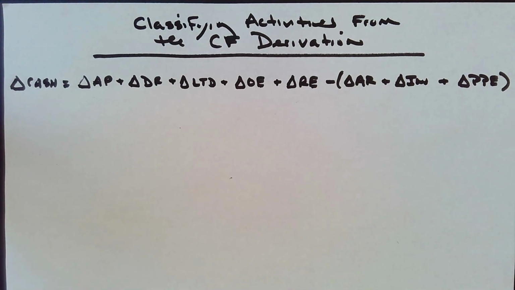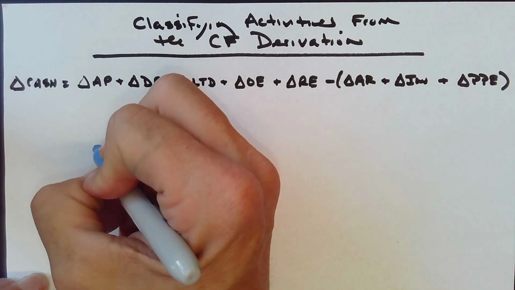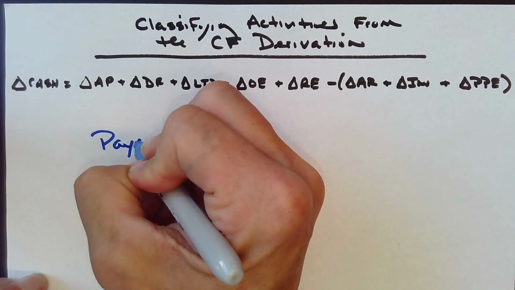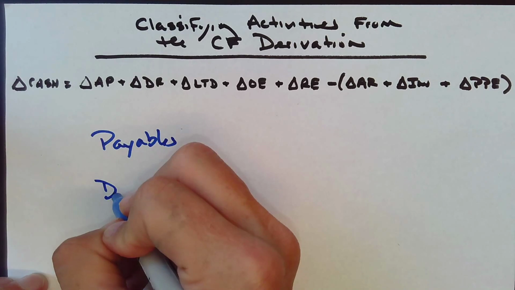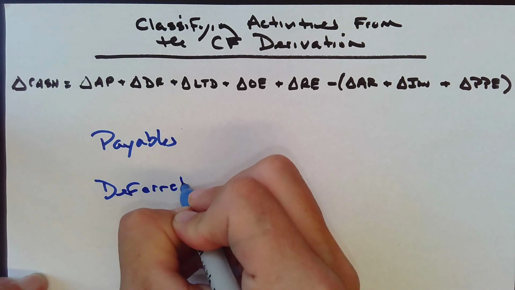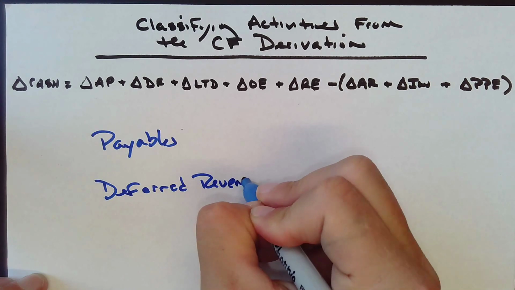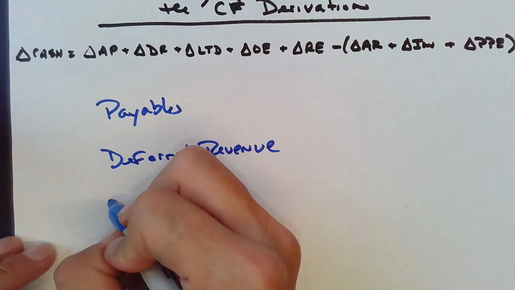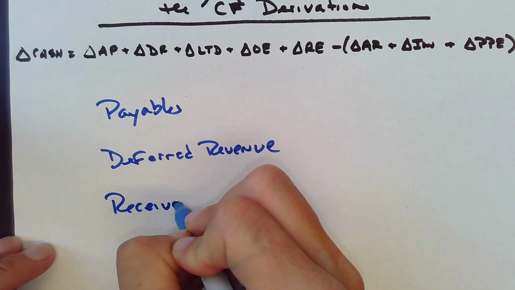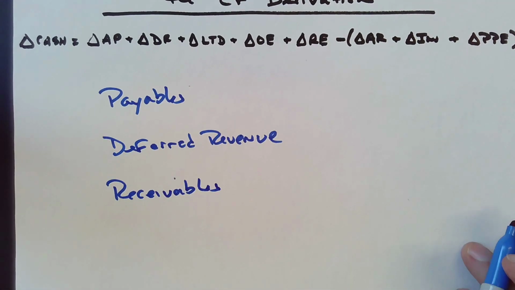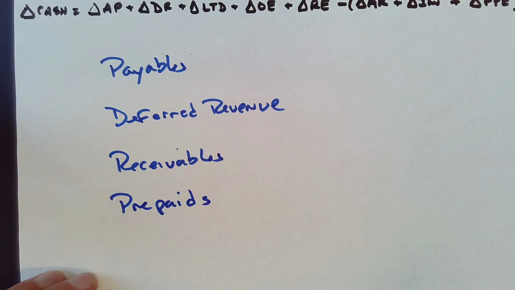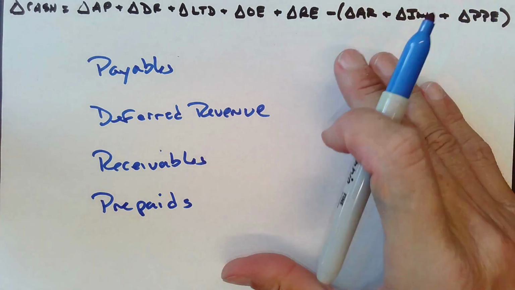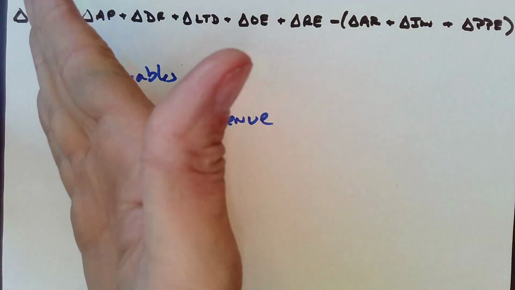Those are going to be your payables, your deferred revenue, your receivables, and your prepaids. And we have an example of each one of these in our little equation here.